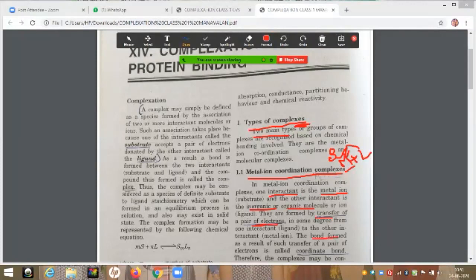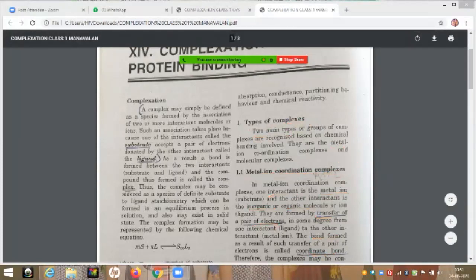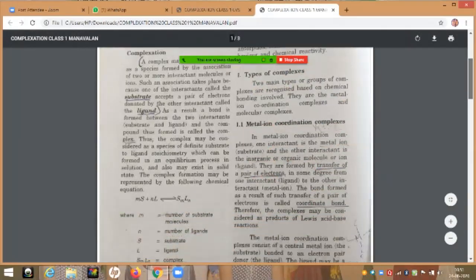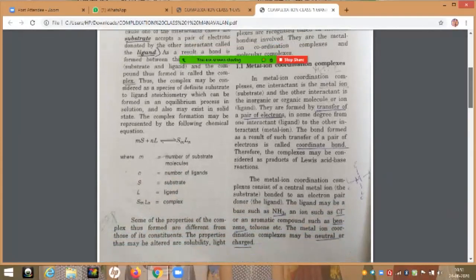And here the bond formed will be the coordinate bond. That's the reason we call it metal ion coordination complexes. The bond formed between the substrate and the ligand in this type is the coordinate bond, and that is the reason it has the title metal ion coordination complexes.